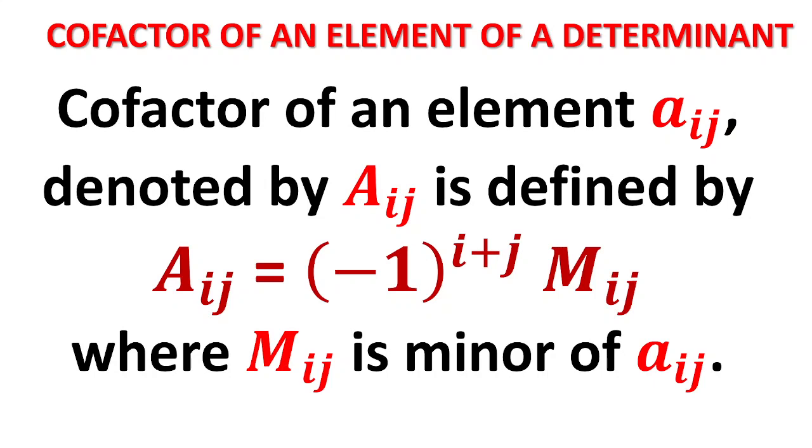If you attach an appropriate sign to it, either positive or negative based on its position, it is called a cofactor. Minor is a 2 cross 2 determinant obtained by removing the row in which your element lies and the column in which that element lies. If you expand it, you will get one value. That value, when you attach an appropriate sign, will become the cofactor.